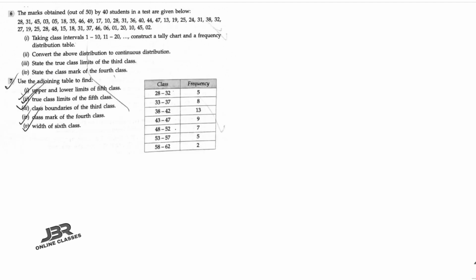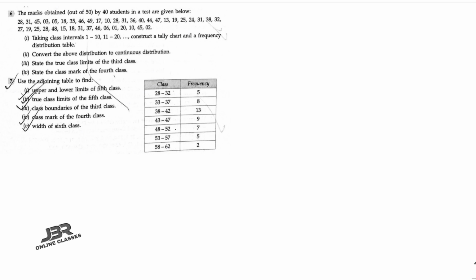The midpoint of the class interval is called class mark. The class mark of the class 4 to 9 is 9 plus 4 divided by 2, it's 6.5.